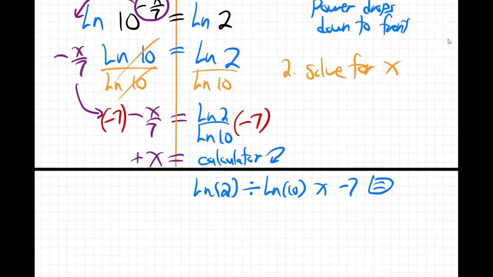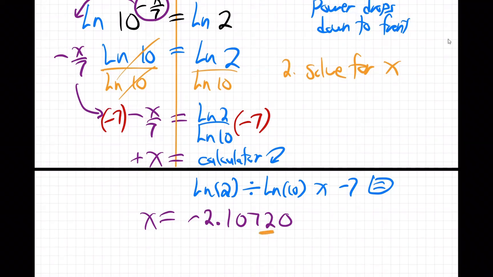Just like that, hit the buttons. I'll do it right now. So ln 2 divided by ln 10 times negative 7. I'm getting negative 2.10720. So we'll round to 4 places.